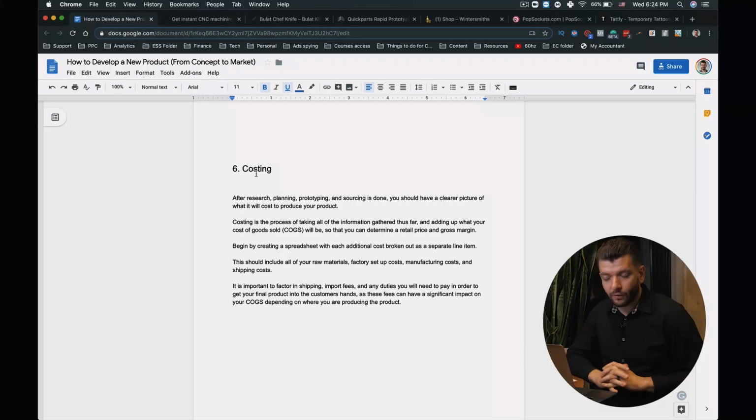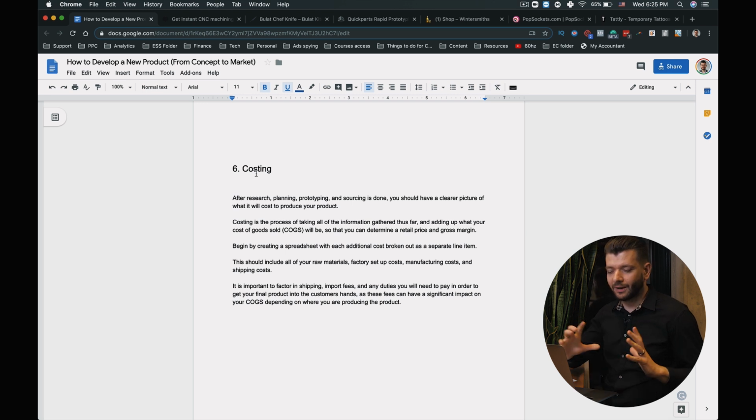You can count all of the costs that might also be involved in the selling, for example, in your advertising, and have the full idea of what it will cost you to produce your item, your profit margins, your net margins. And so that is an amazing starting point. So you already know where you're standing, whether it will be viable for you for production of these items. So this is it, guys. This is how to develop a new product from concept to market.